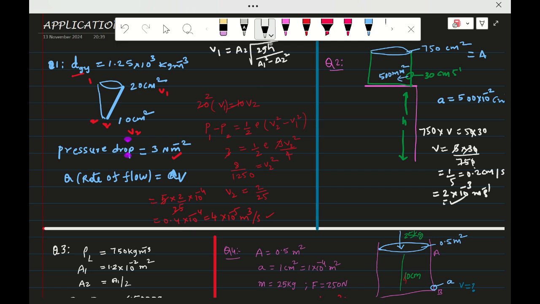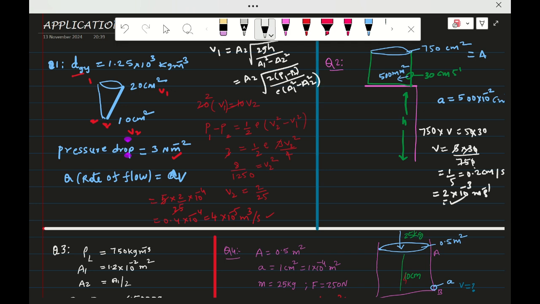Or, in the place of 2gh, I can write the pressure difference. Here the pressure drop is given as P1 minus P2. So that is equal to A2 into the root over 2 of P1 minus P2 by rho into A1 square minus A2 square, or A2 square minus A1 square.